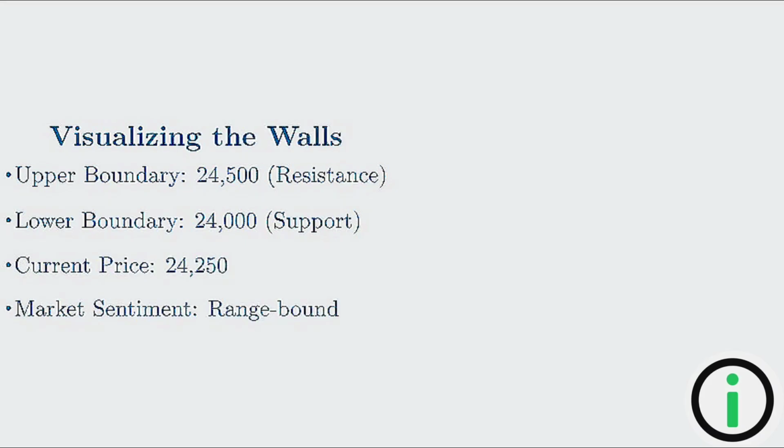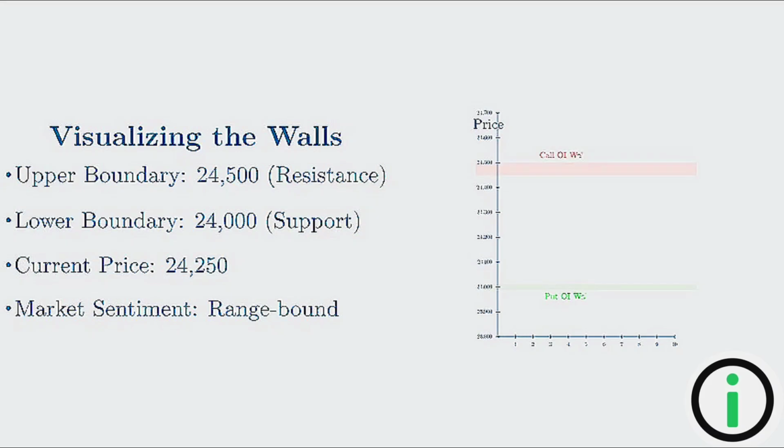Let's visualize how this data translates onto a price chart. Understanding the numbers is one thing, but seeing them as physical barriers on a candlestick chart is how you make trading decisions. Notice the price action here. When the price is floating in the middle, around 24,250, it is in a neutral zone. However, as it creeps up toward that red shaded area, our 80 lakh contract call wall, the probability of a reversal increases significantly.